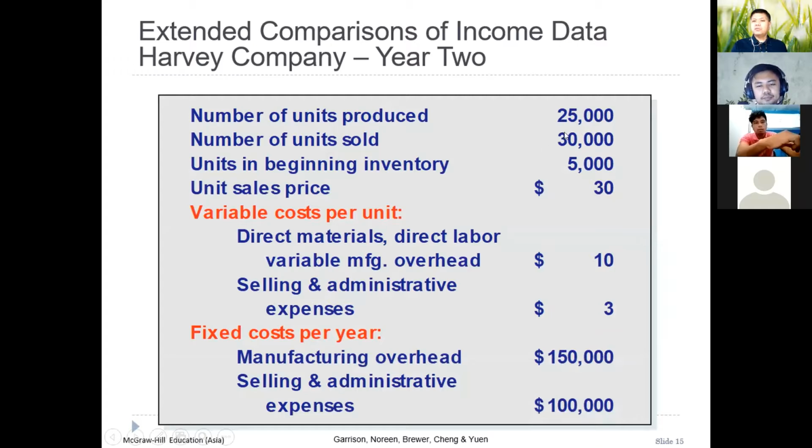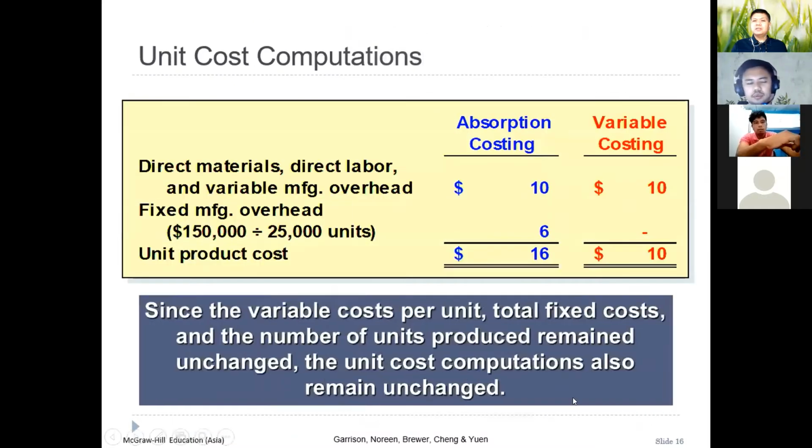Less the units sold of 30,000, so we will have no ending inventory. The selling price is 30. The variable cost of materials, labor, and variable manufacturing overhead is 10. The variable selling is 3. And then you have the same amount for fixed manufacturing overhead and fixed selling and administrative expenses. Let's compute.